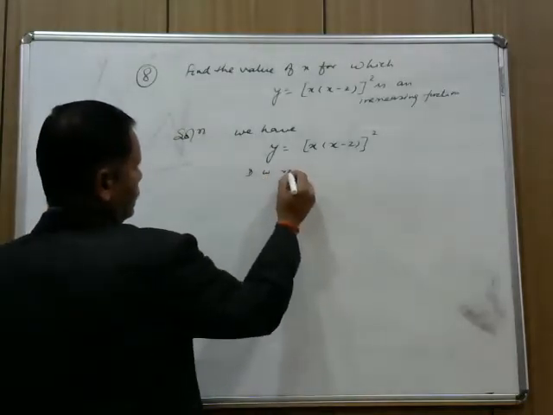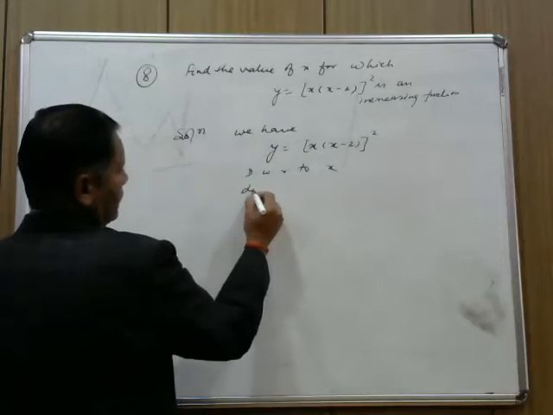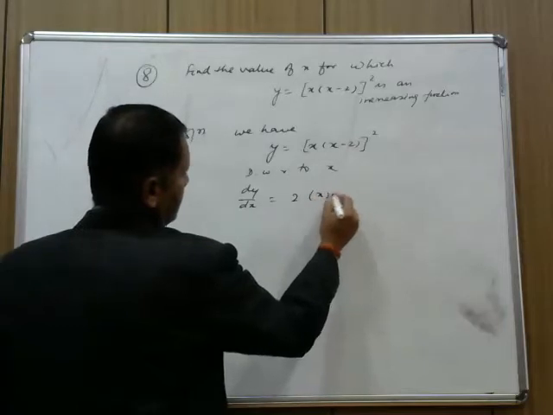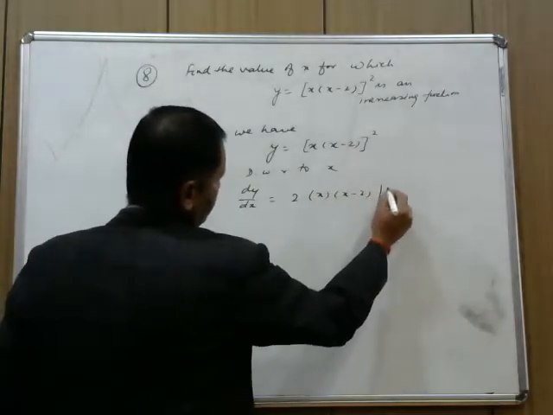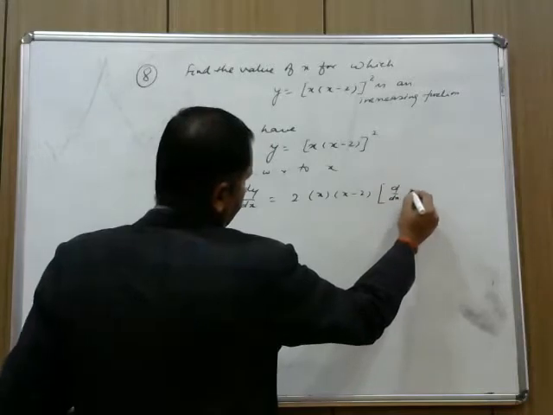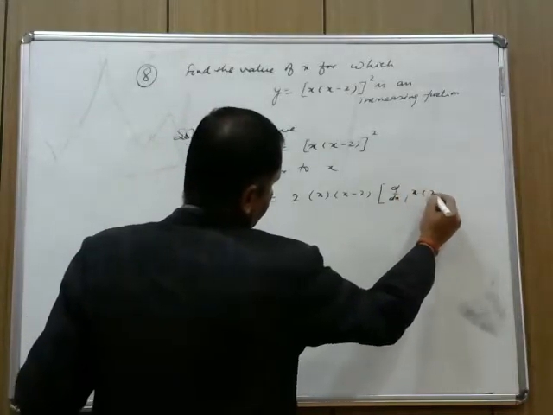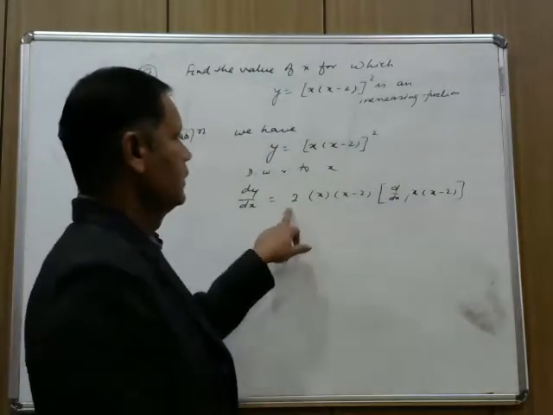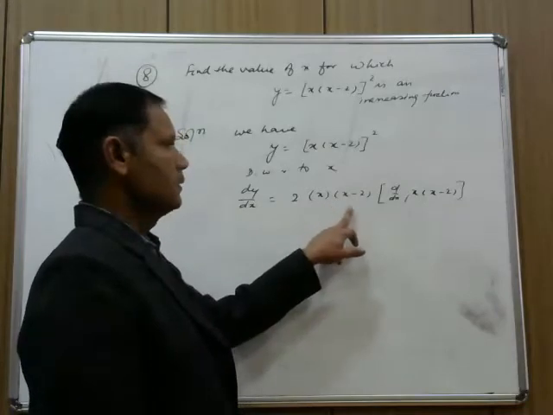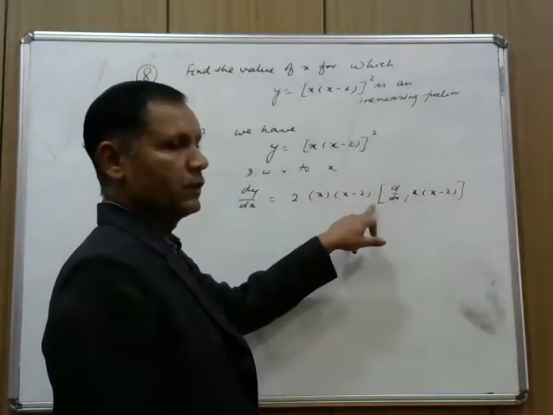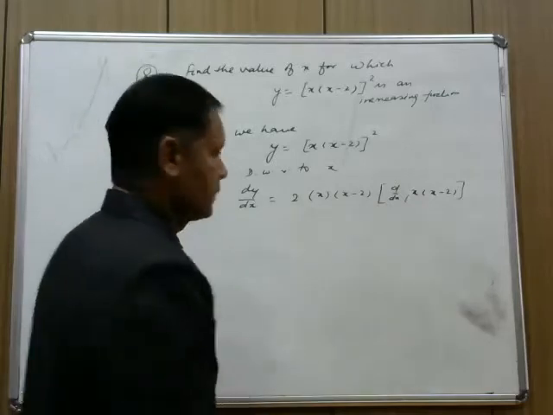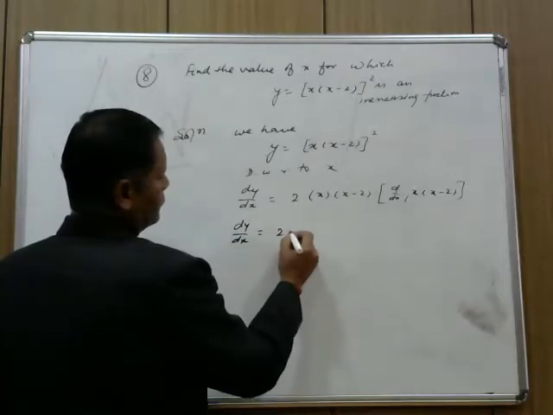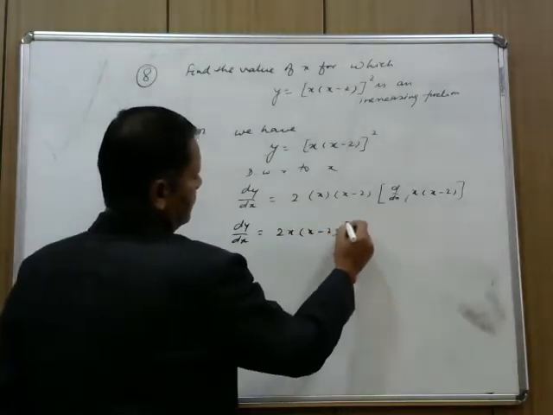Differentiating with respect to x, dy/dx is equal to 2x(x - 2) into the differentiation of x(x - 2). The whole thing to the power 2, so power into function x(x - 2) to the power 2 - 1, and then the differentiation of x(x - 2).